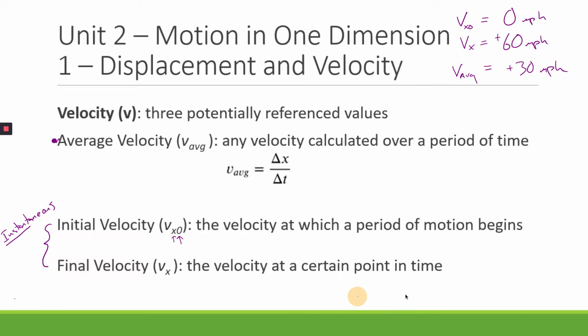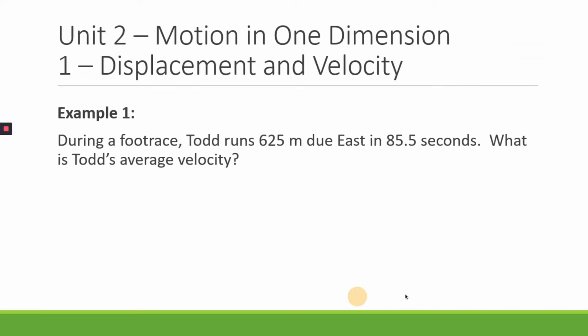All right, what do these look like in practice? Let's start with a simple one. During a foot race, Todd runs 625 meters due east in 85.5 seconds. Just grabbing a calculator here. What is Todd's average velocity? So the first thing you do is going to be a process to solving physics problems. 3 steps really.